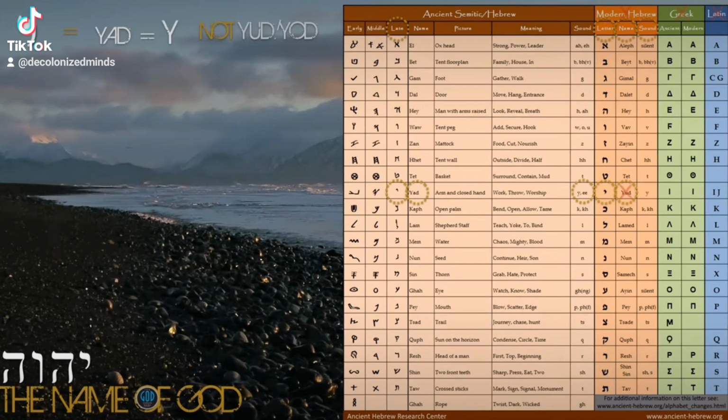The first letter is Yod. You may have heard the modern pronunciation Yod, but this is an ancient word, in fact, the most ancient. We are dealing with the very name of God here, which has no origin, as He has no origin.